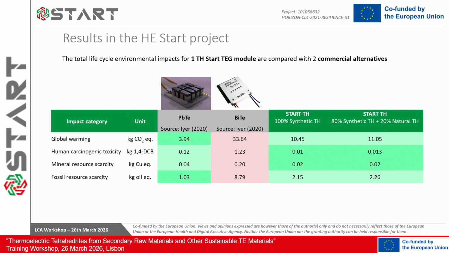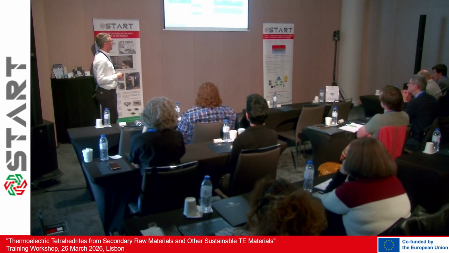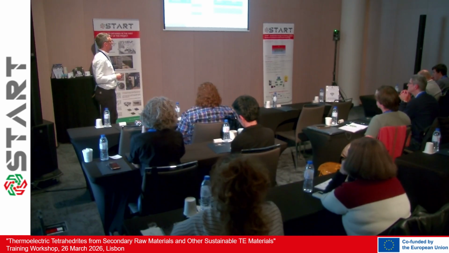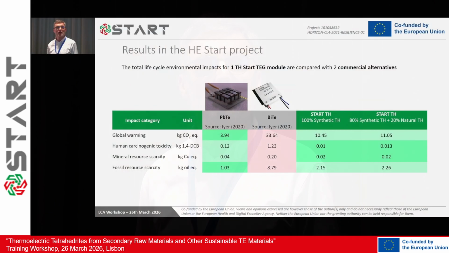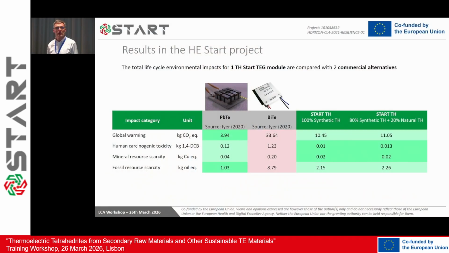There are results that are best and others not as good. It's very rare that we find something like bismuth telluride being the worst in all of the categories, but I think this is a clear result. But looking at the others, especially lead telluride and the tetrahedrite alternatives from the START project, then you have a compromise here.